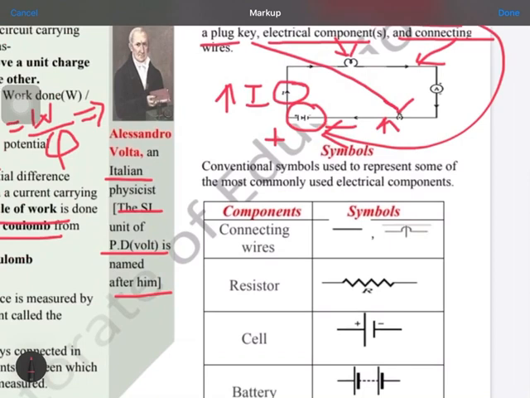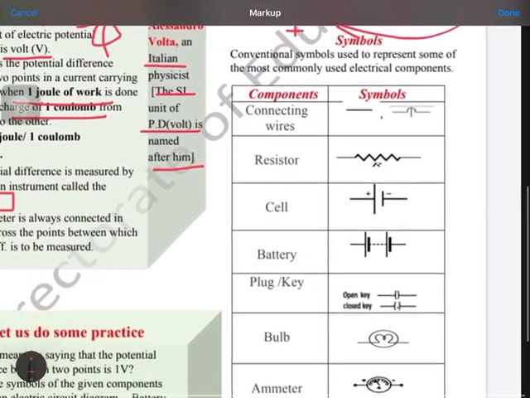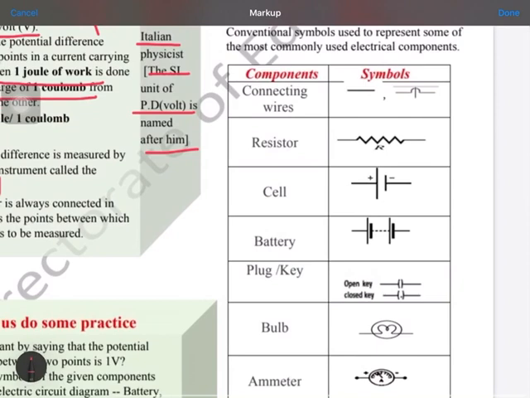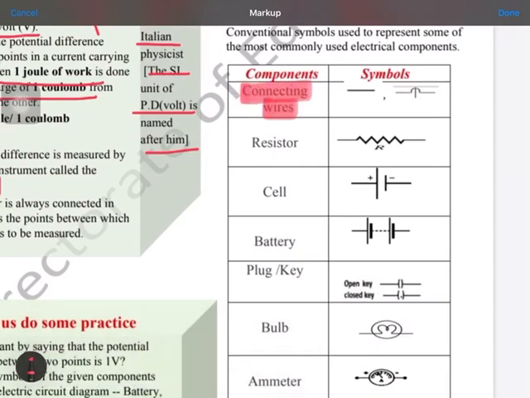Now, because it is very hard to draw the battery shape and bulb and so on, for your convenience we commonly use different symbols for the different components. If the connecting wires are straight, we can use it like this, and if they are crossing one over the other without touching, then we have to use this one.